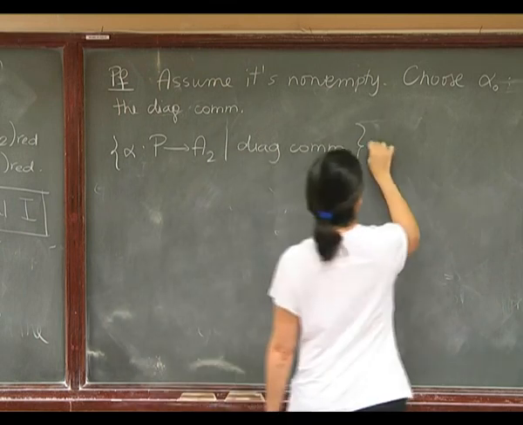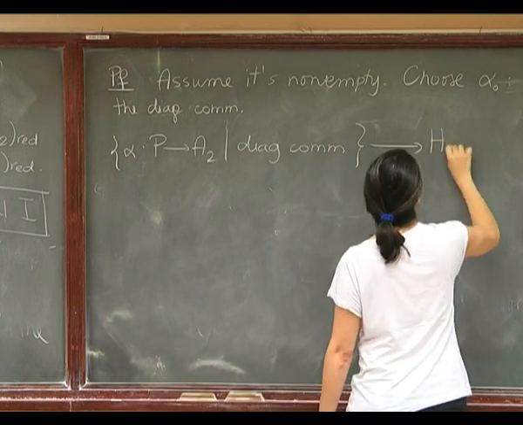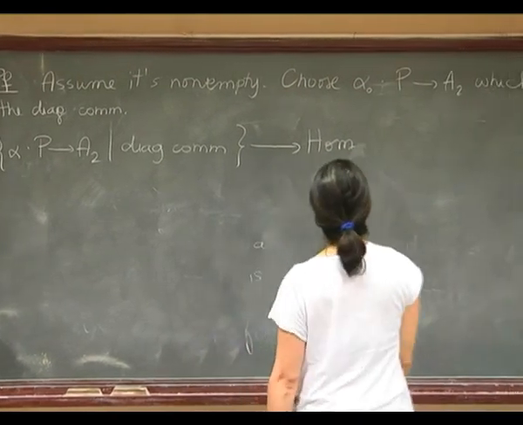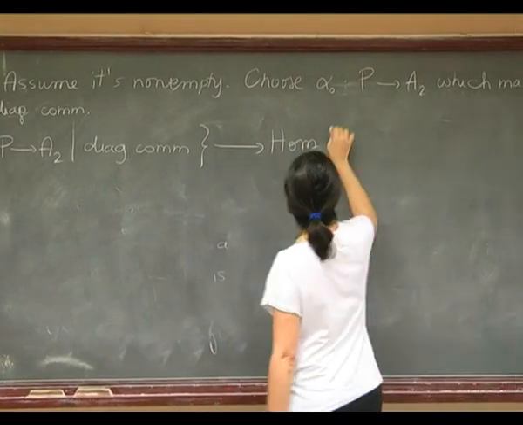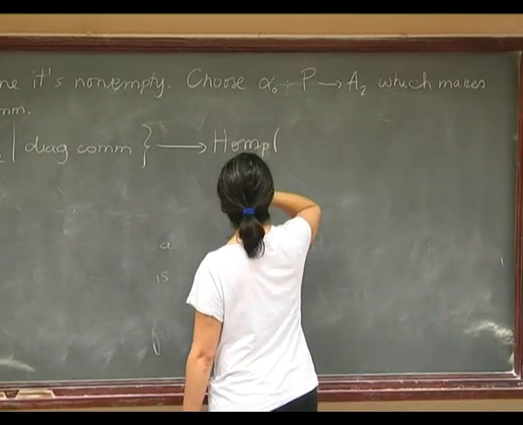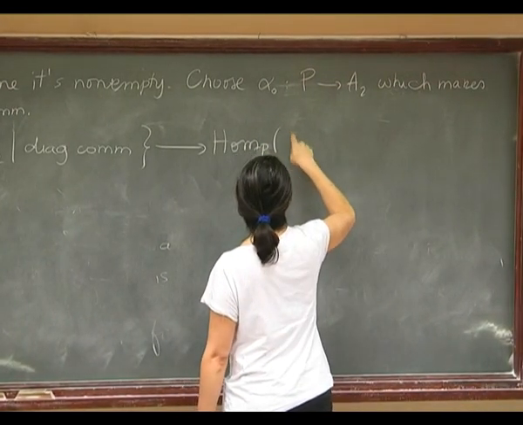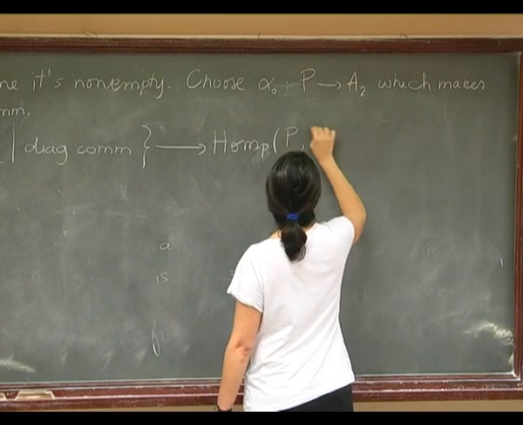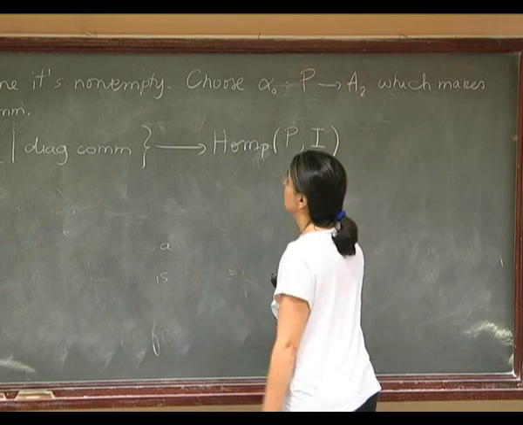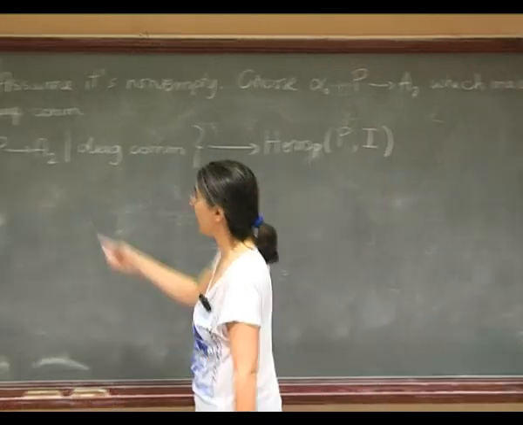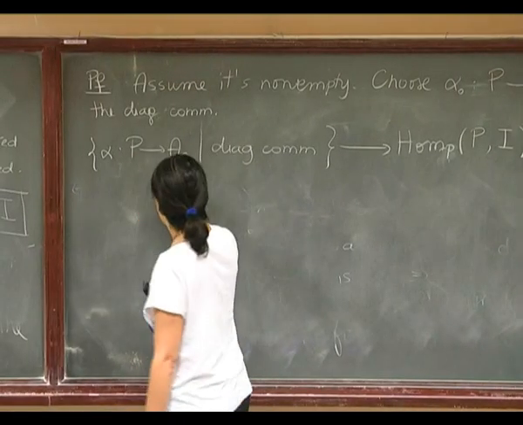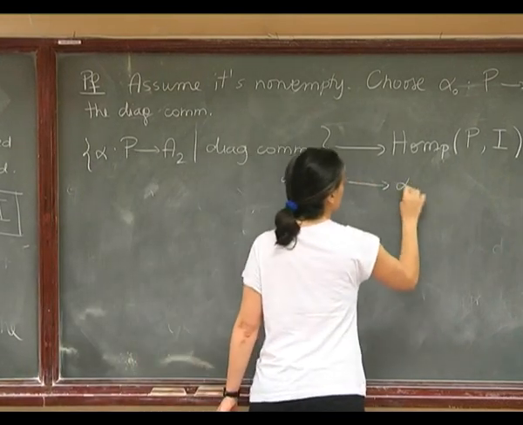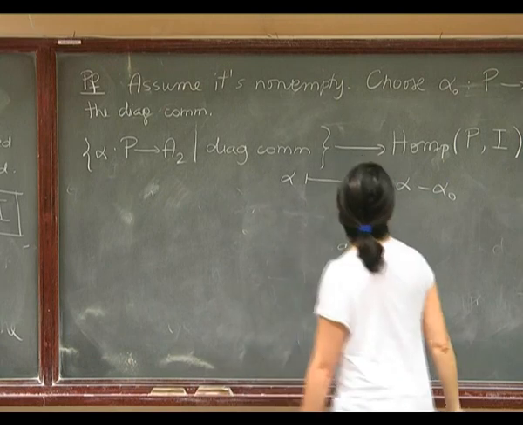And I map them to the R linear homomorphisms from P to I by saying, well, if I have an element here, I can map it to alpha minus alpha 0.